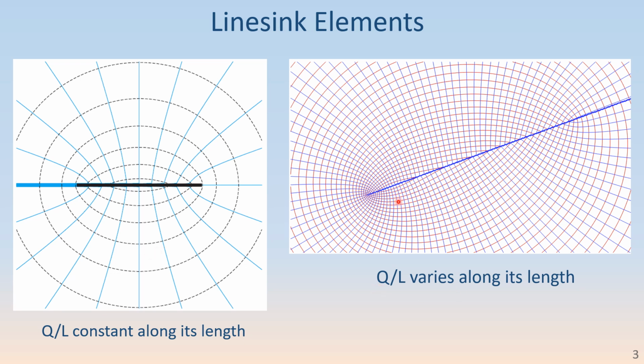On the right side, the discharge per length varies along the length of the line sink element, which goes from here where the cursor is over to here. And you can see at this end of things, the spacing between adjacent stream function contours is quite small, which means it's a high rate of discharge here compared to out here where they're more widely spaced. The blue are stream function contours, the red are potential in this plot.